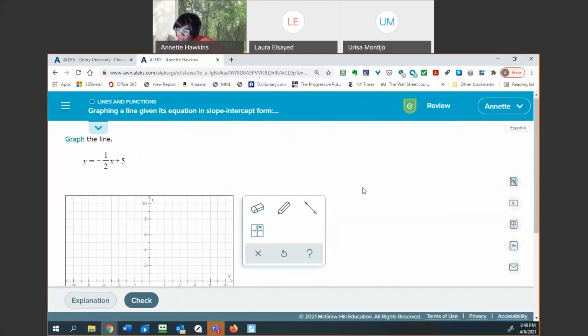All right, so this time we have a fraction. Remember what I said? If it's a fraction, look at that denominator and use numbers that are divisible by that denominator. So we're going to use numbers divisible by 2.